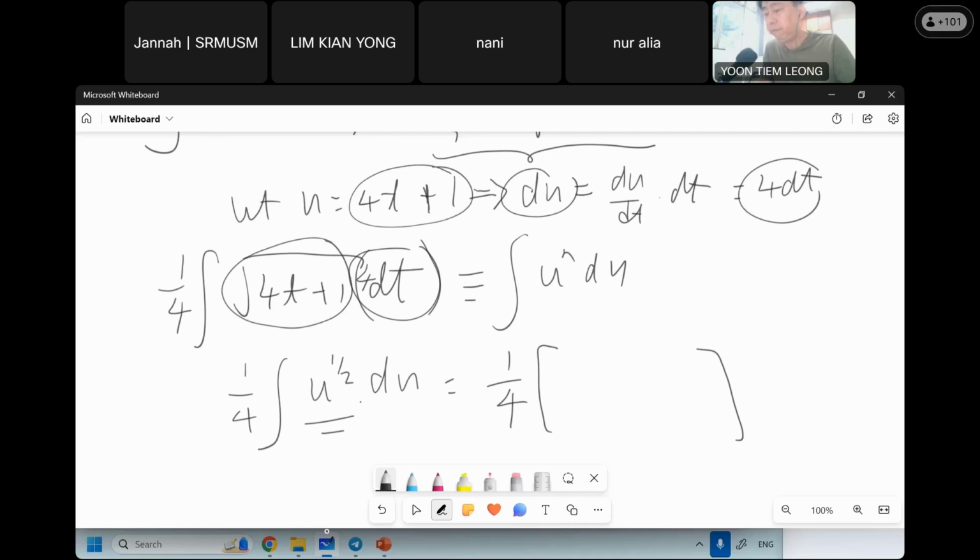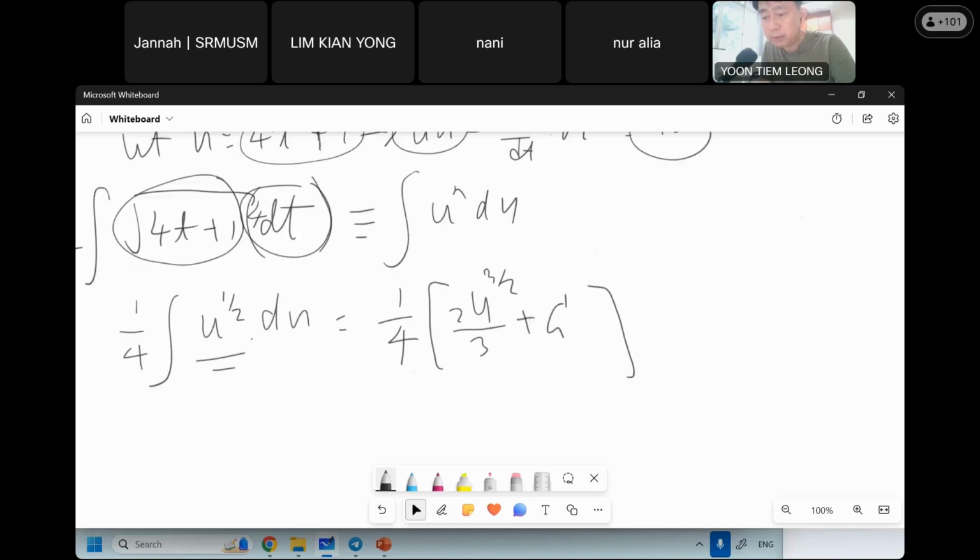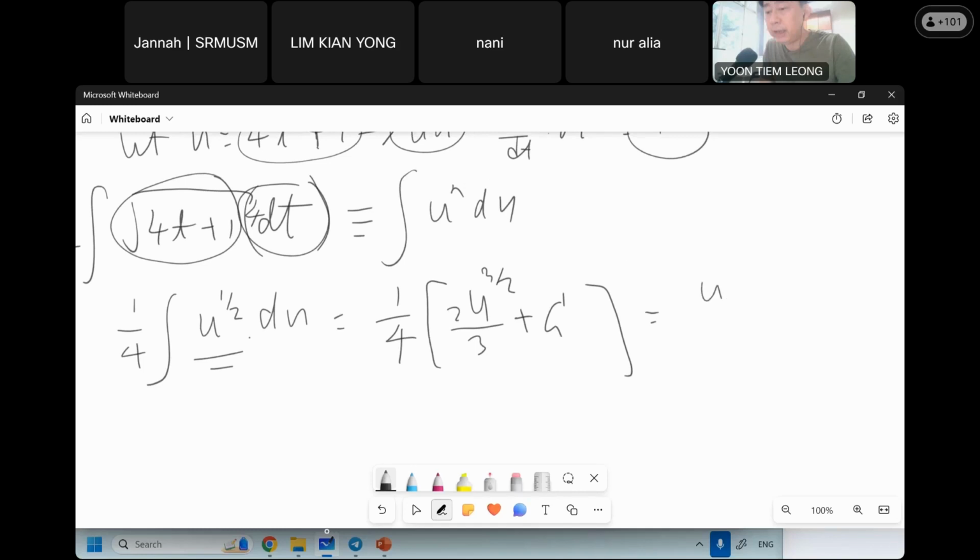Then this indefinite integral will just give me u to the 3 over 2, over 3 over 2, plus a constant. So that is the answer, which is just u to the 3 over 2 over 6, plus a constant c prime. But this c and c prime differ by a factor of 1/4.